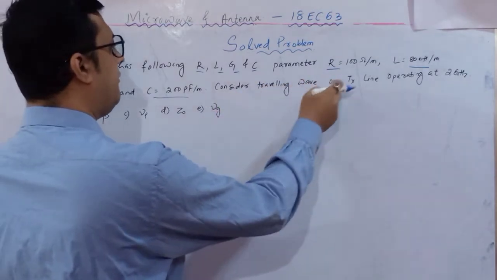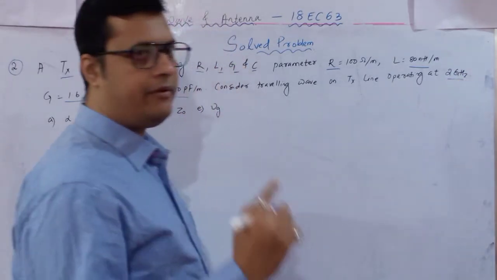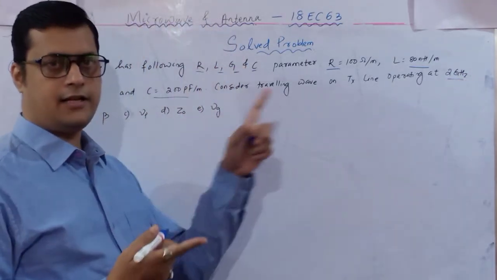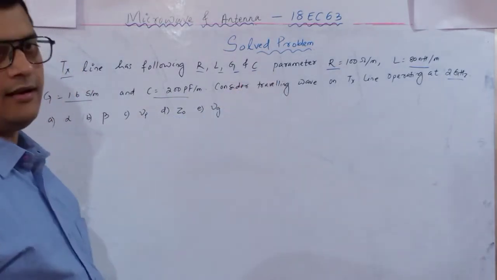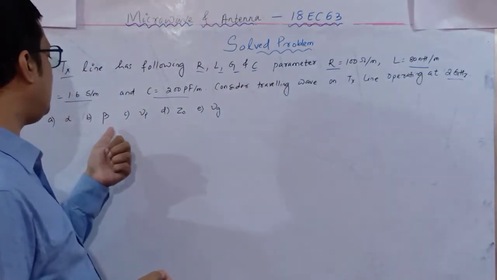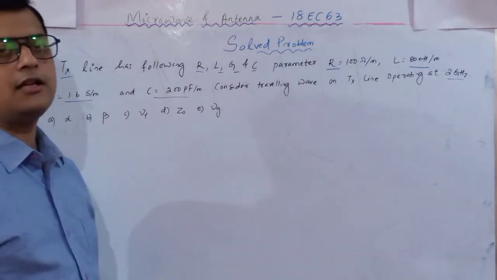Consider the traveling wave on the transmission line operating at 2 GHz. That means the wave which is propagating in the transmission line is of 2 GHz. And with the help of this data, we have to calculate what is alpha, what is beta, what is phase velocity, what is characteristic impedance, and what is group velocity.